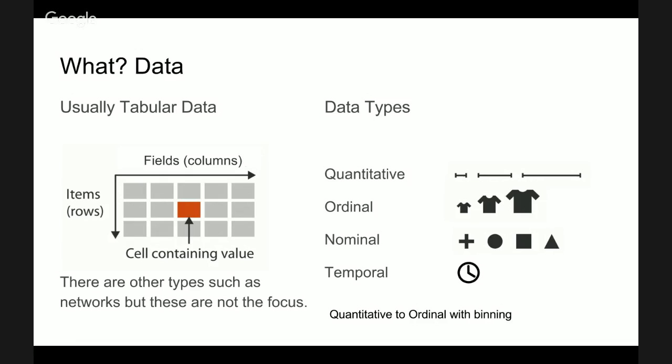And the last one is temporal, which is kind of a special case of quantitative, where we really have temporal data, and temporal data is special in the sense that, for example, years can wrap around.